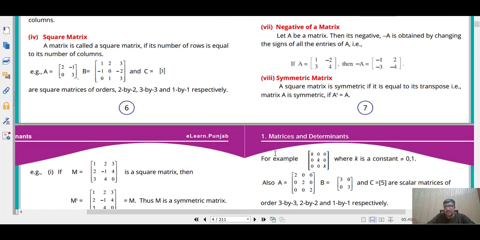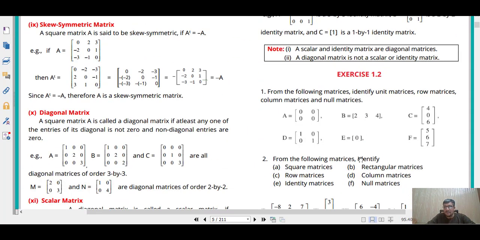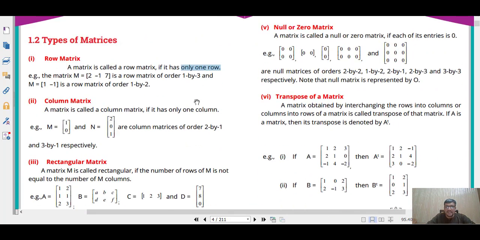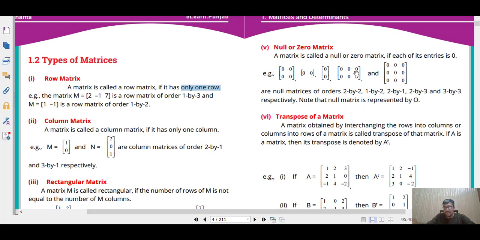In question number 1, if you see, we have one more type of matrix, that is the null matrix. A null matrix is a matrix in which all the entries, or all the numbers, are zero. It is written here that a matrix is called null, or we can even say zero matrix, if each of its entries is zero.